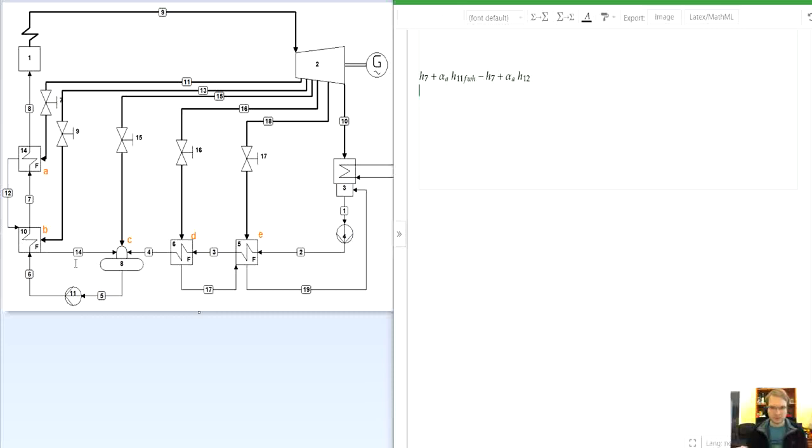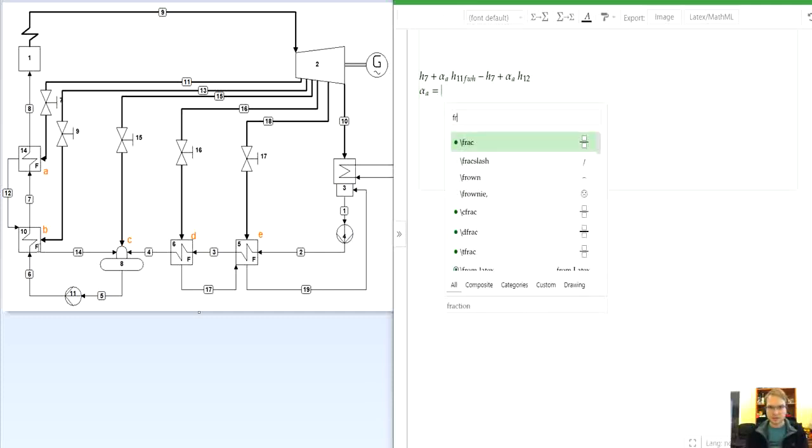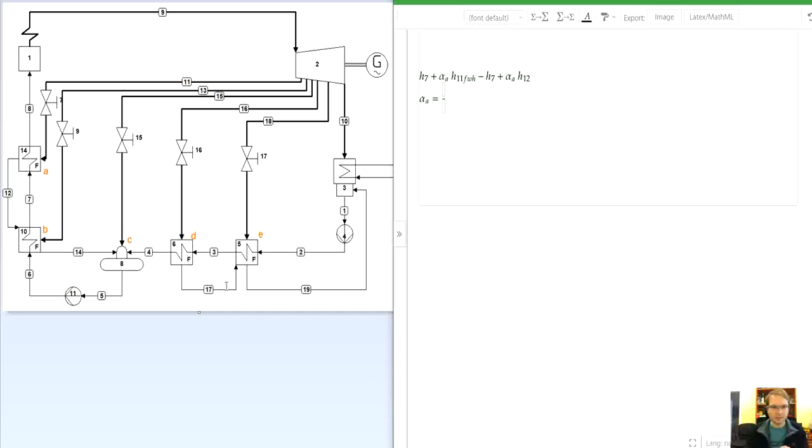And from this we can get that the alpha A is a fraction where we have H8 minus H7 divided by H11 FWH minus H12.